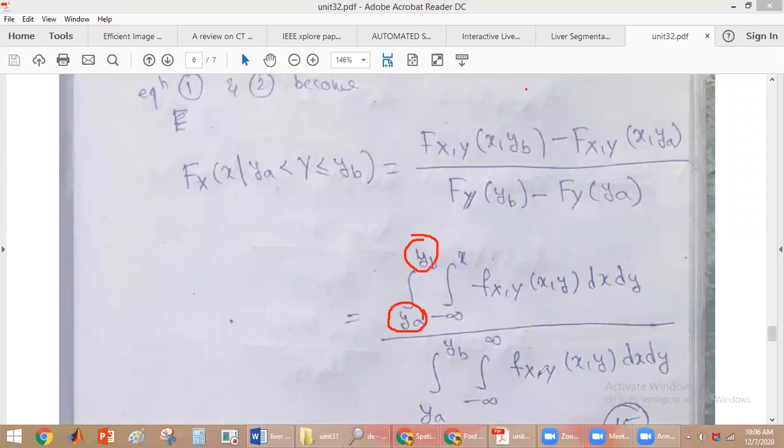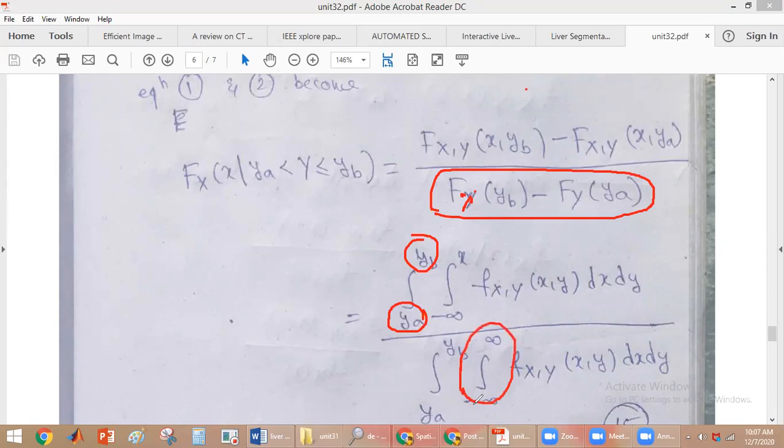Similarly, in the denominator we have to get the marginal distribution function with respect to Y. How do you get the marginal distribution function with respect to Y? From the density function. Here the x range we take as minus infinity to plus infinity, whereas the y range is ya to yb, Fxy of x comma y dx dy.